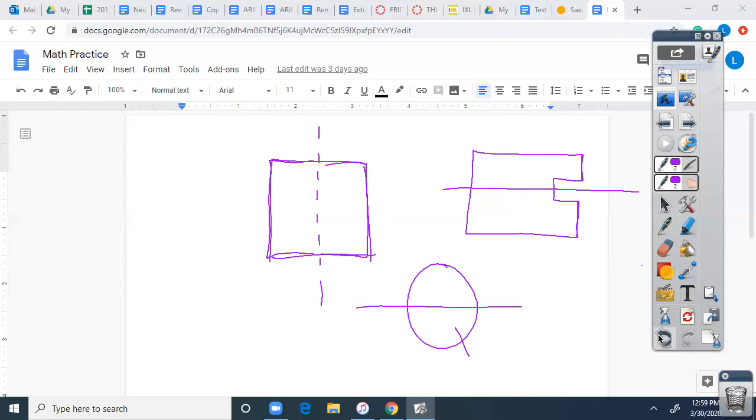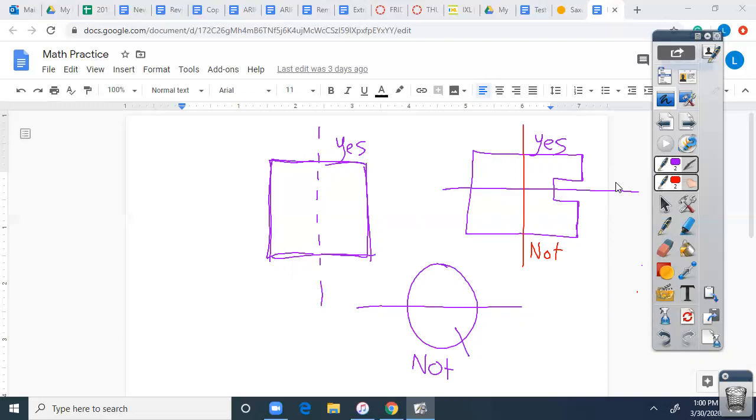If you cut it like this, this line would not be a line of symmetry because this over here doesn't have a line, like the bottom of the Q. So that is not a line of symmetry. This is a line of symmetry. This one is a line of symmetry. And then like we talked about, the red one is not a line of symmetry. You can pause on this screen if you need to, but we're going to move on.